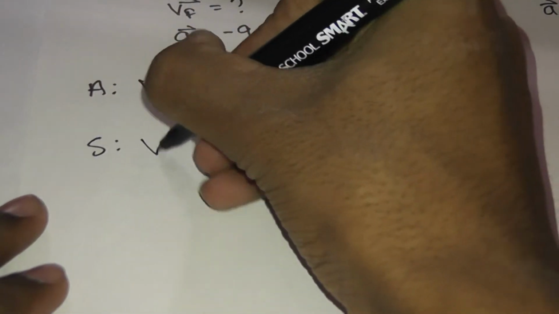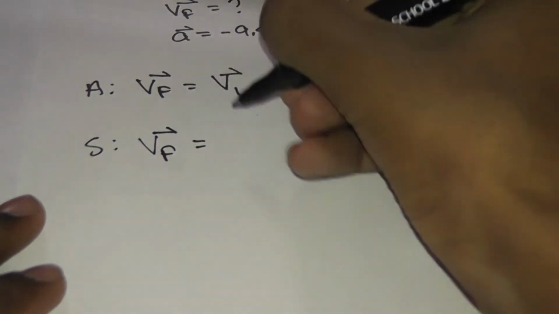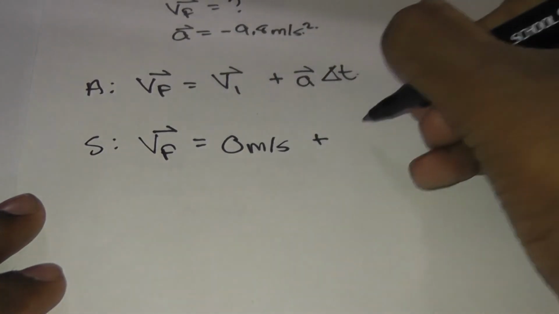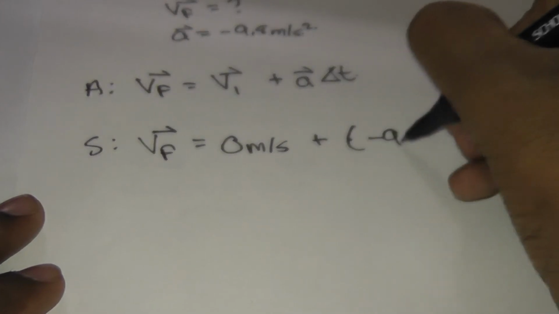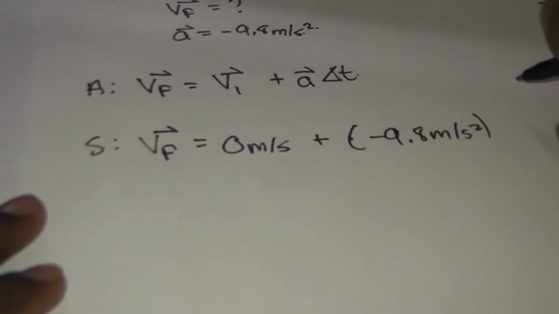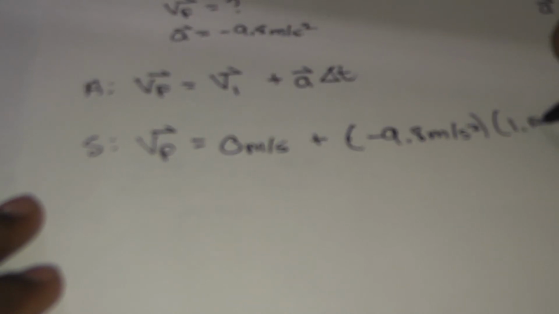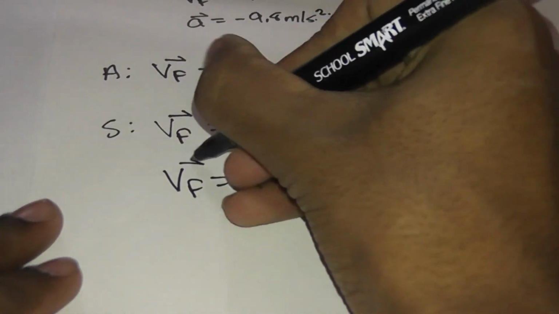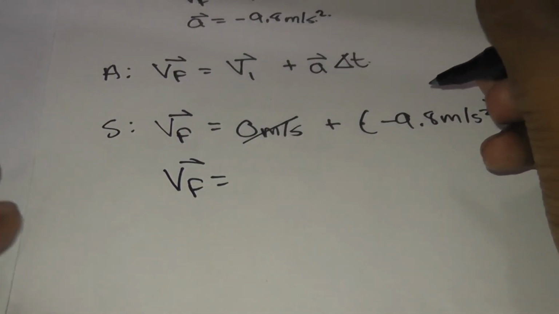So our solution is Vf equals 0 meters per second plus bracket negative 9.8 meters per second squared times 1.5 seconds. So Vf equals, we don't need this, so I'm going to get my calculator out and just multiply this in.